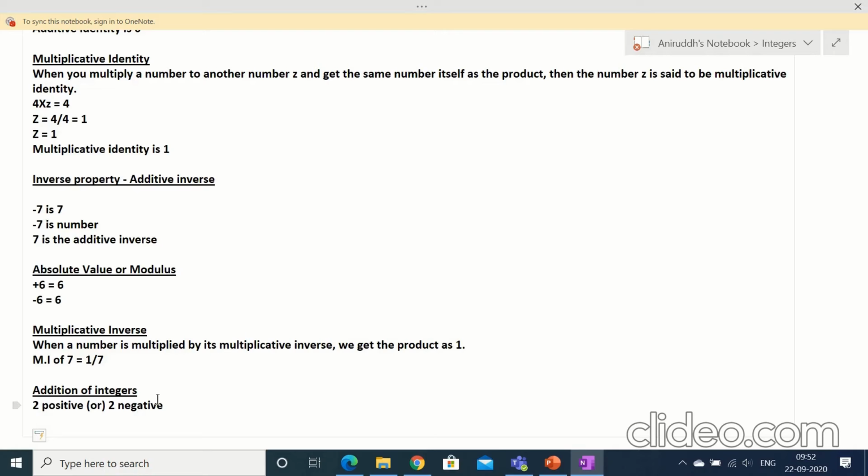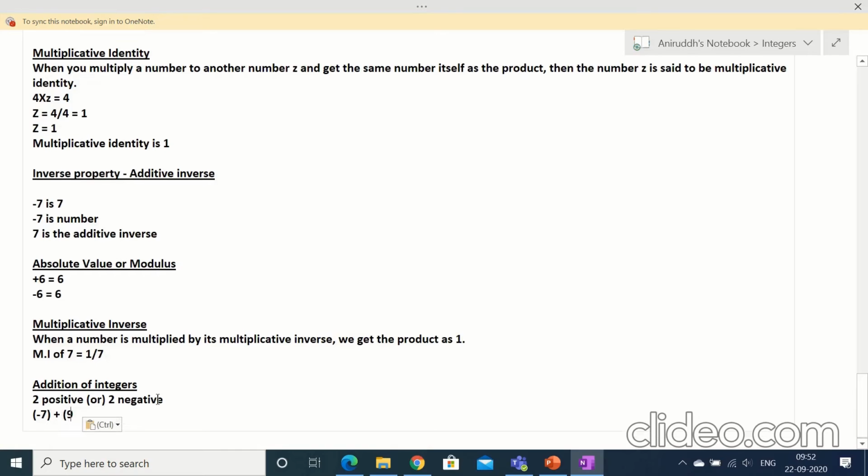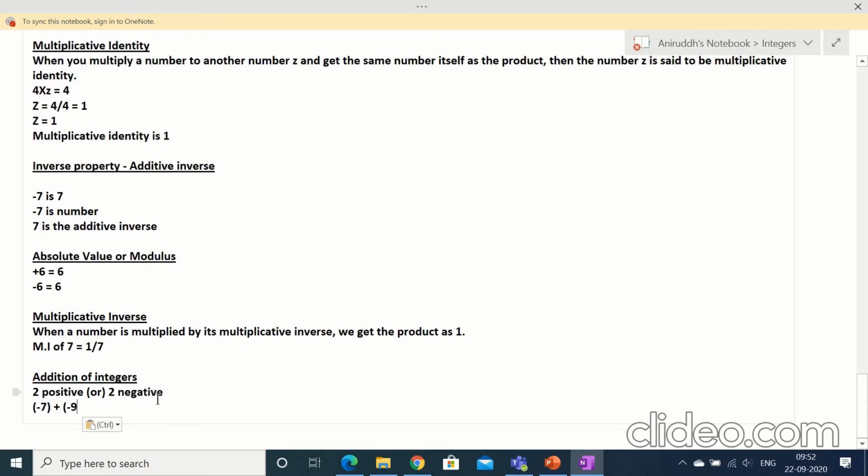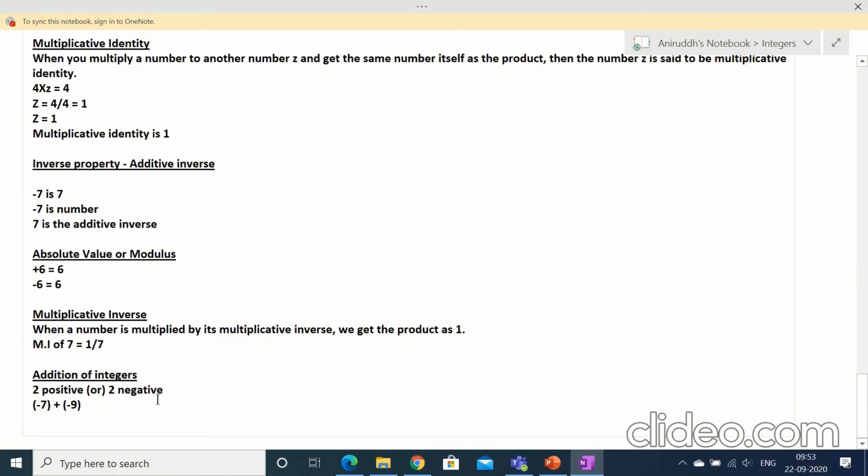For example, if we are adding minus 7 plus minus 9, two negative integers, we should add the numbers and not check the sign. So 7 plus 9, you will get the answer as 16, and since it is two negative integers, we need to keep the same sign, that is minus.